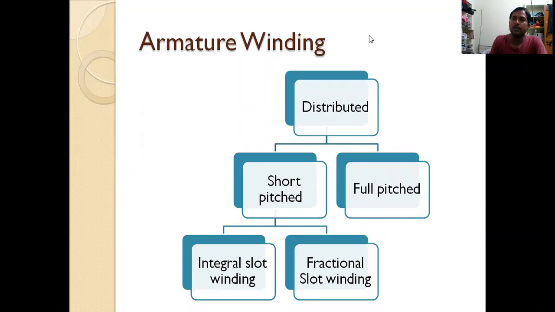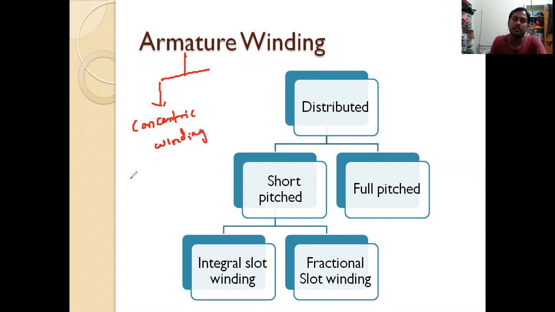Generally, the armature winding is of two types. One is concentric winding or concentrated winding.